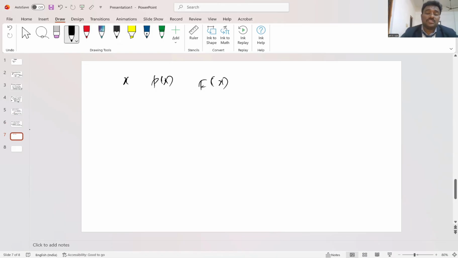So what are the values of x here? 0, 1, 2, 3, 4, 5, 6, and then 7. The probability values are given as 0, 1 by 10, 2 by 10, 2 by 10, 3 by 10, 1 by 100, 2 by 100, and 7k square plus k, which is 17 by 100, right? So now add this.